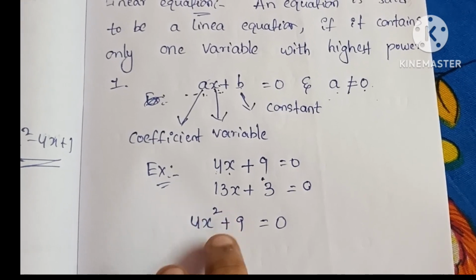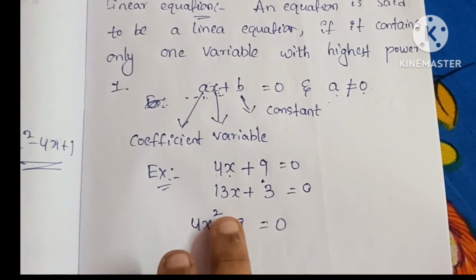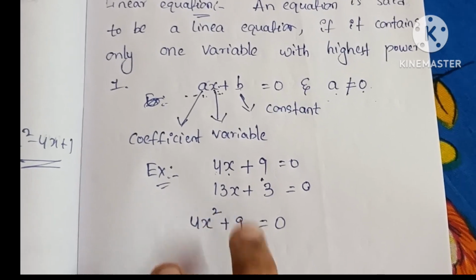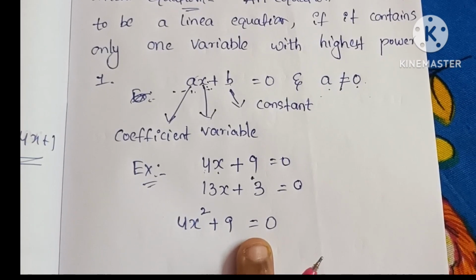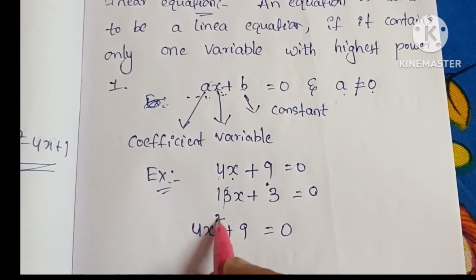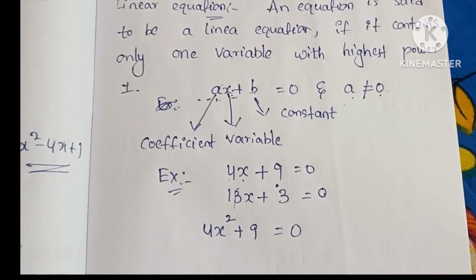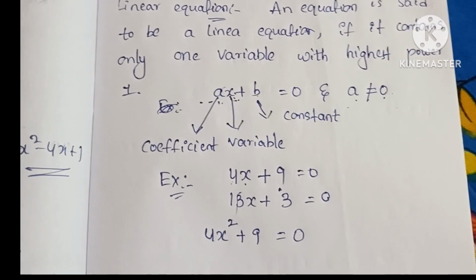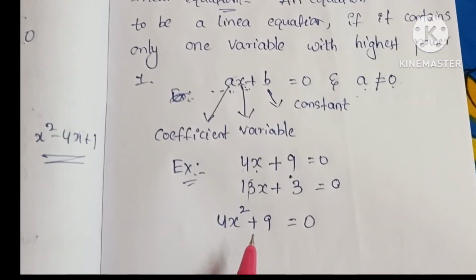This is a quadratic equation. If the highest power is 2, it is a quadratic equation. Suppose the highest power is 3. What type of equation is that? Cubic equation. Now you can understand the linear equation.